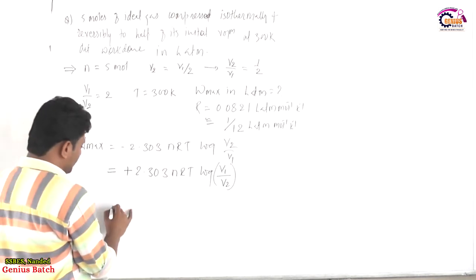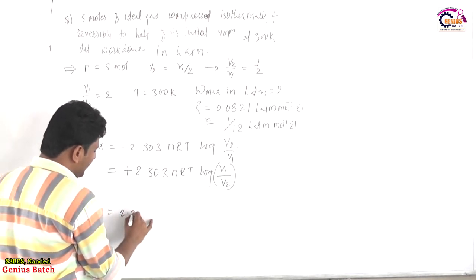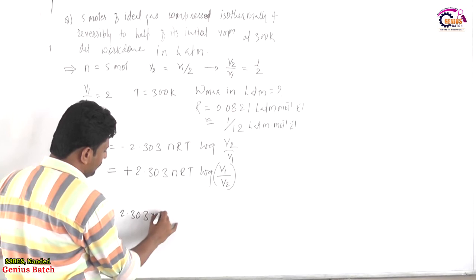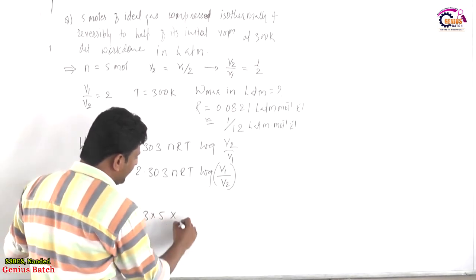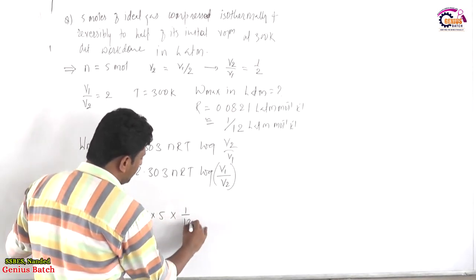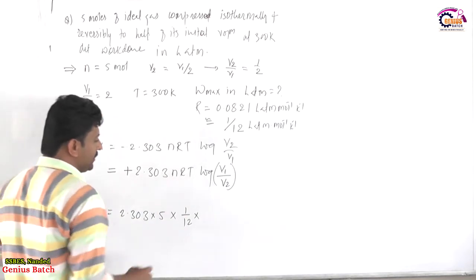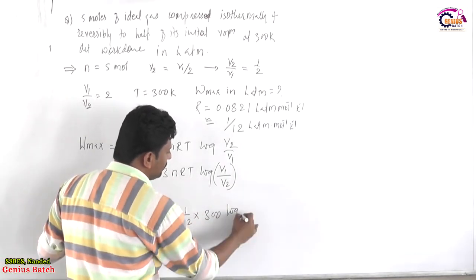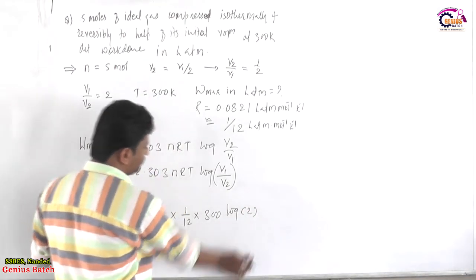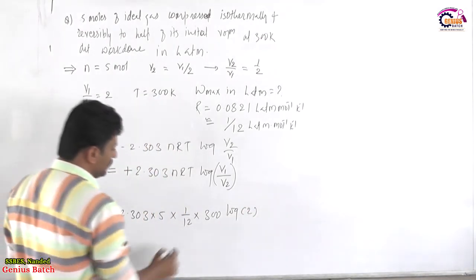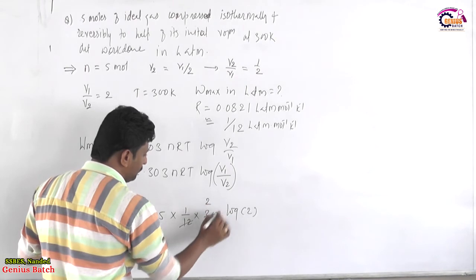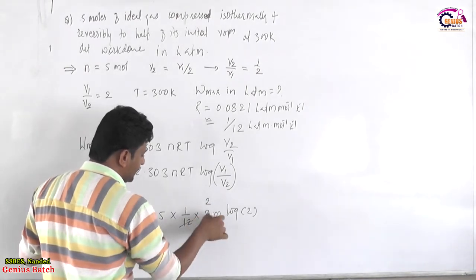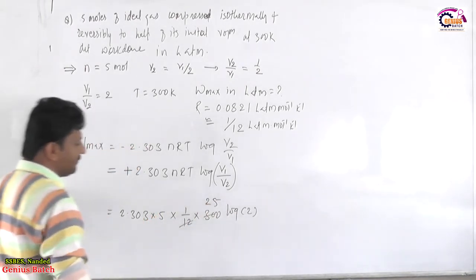So now we would place the values. 2.303 into 5 moles. R value is 1 by 12, 0.0821. Temperature is 300 and log of V1 by V2 is 2. 12 2 is 24, 6 60, 12 5 is 25.